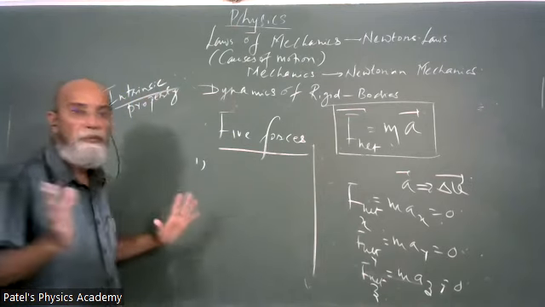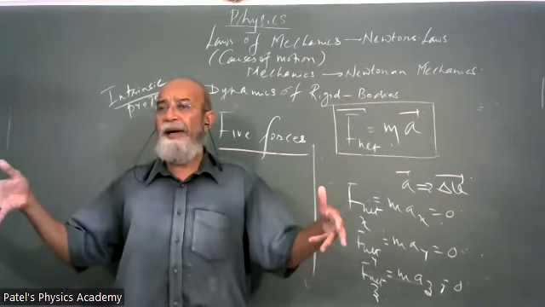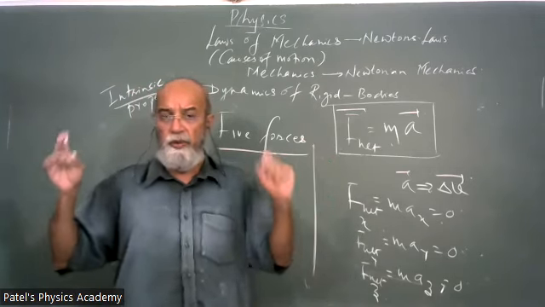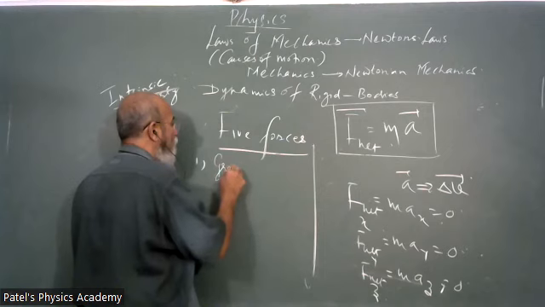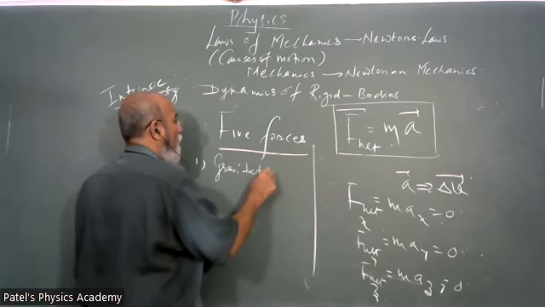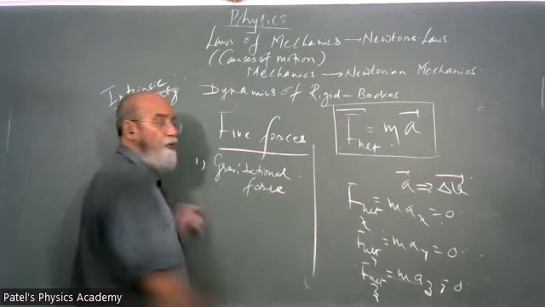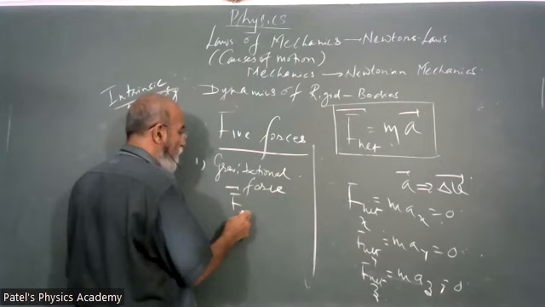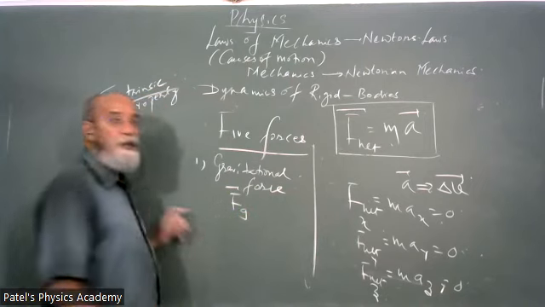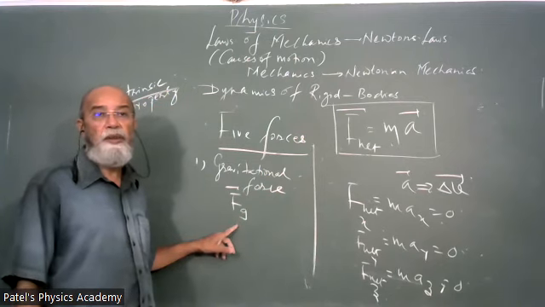The first one, because we are on this wonderful planet, the Earth, the first force that we all experience is the gravitational force. We will use the symbol F, vector, of course, with a little subscript, small g. You understand?